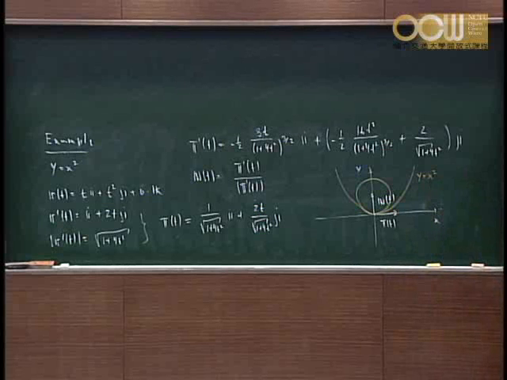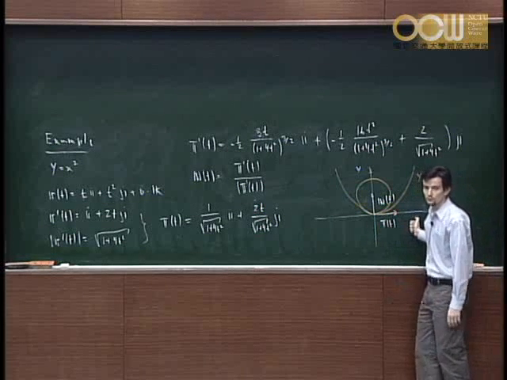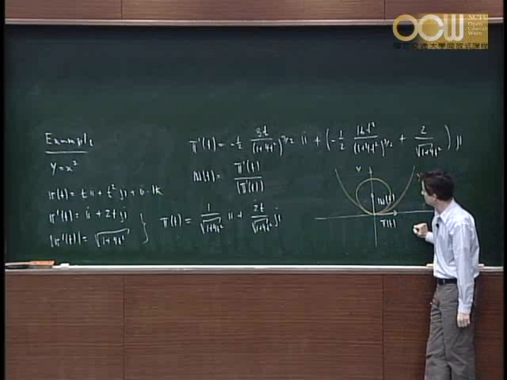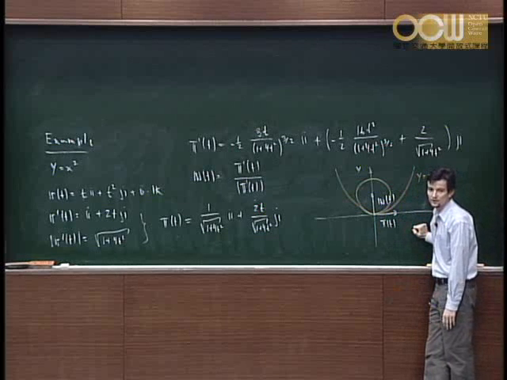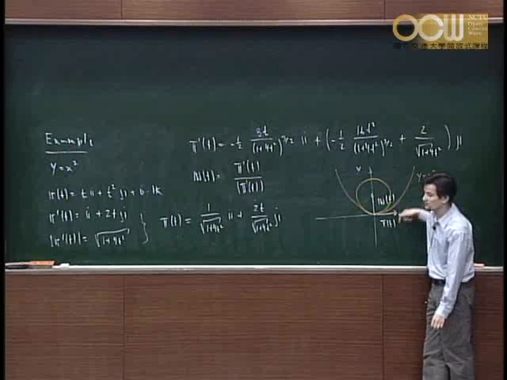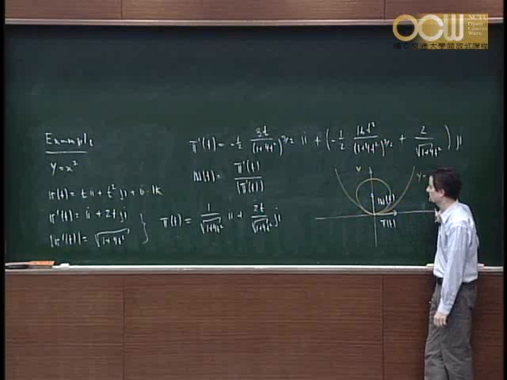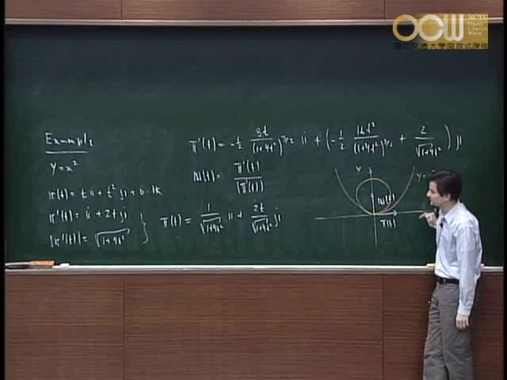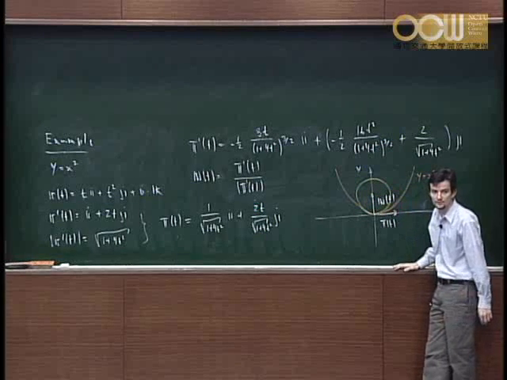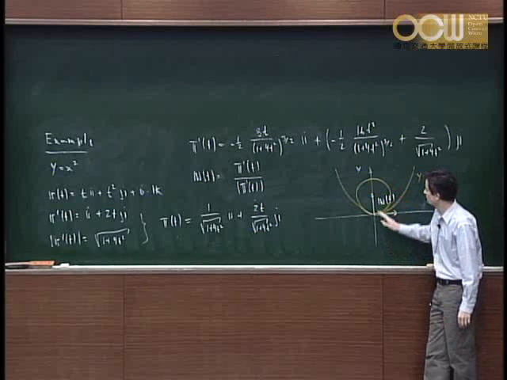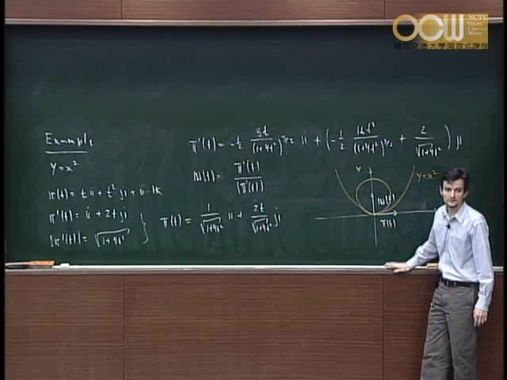Of course, the tangent here would also be a local approximation for the curve. But you see the tangent is not very good here, because the tangent is the x line, and the approximation is not very good. The osculating circle approximates the function locally much better than the tangent.